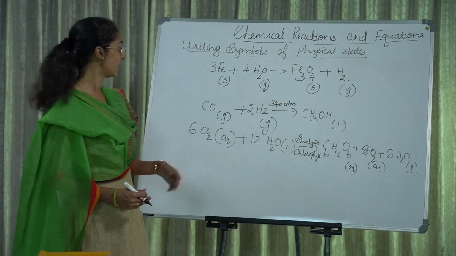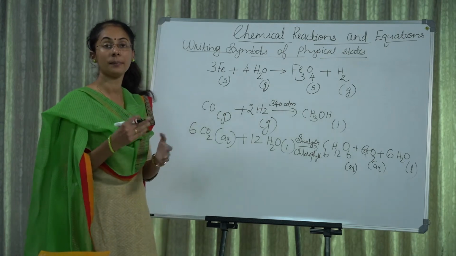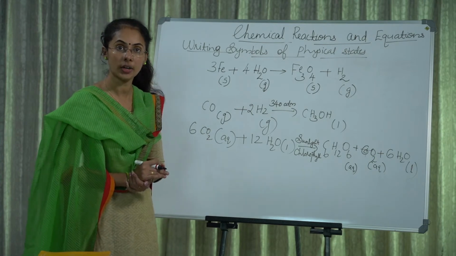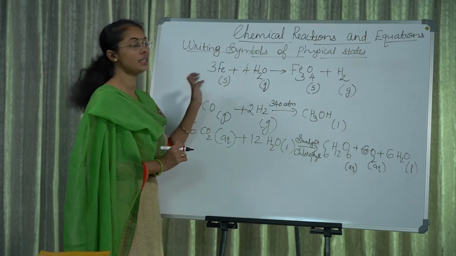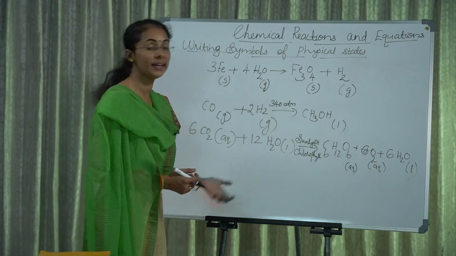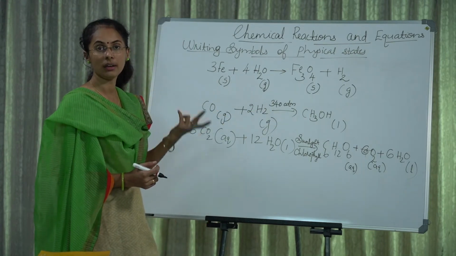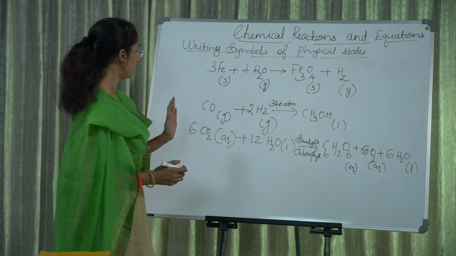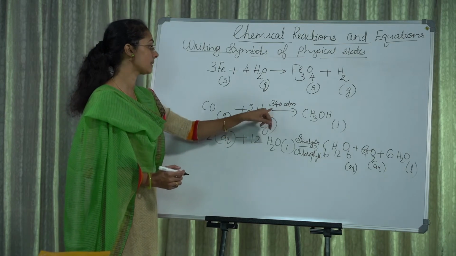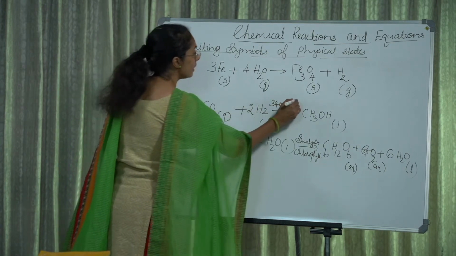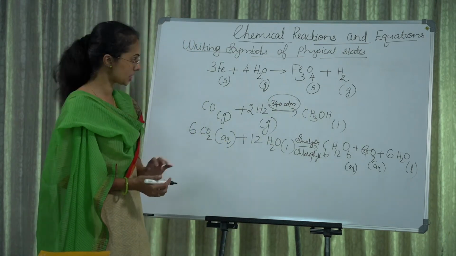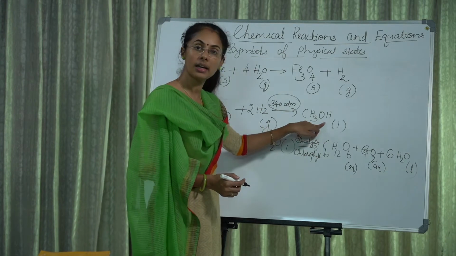In some cases, we can represent the temperature, pressure, and catalyst also in the chemical equations. First one, symbols of physical state, and second one, the temperature, then pressure and catalyst. For example, CO gas plus 2H2 gas gives, at 340 ATM, which means atmospheric pressure, CH3OH.